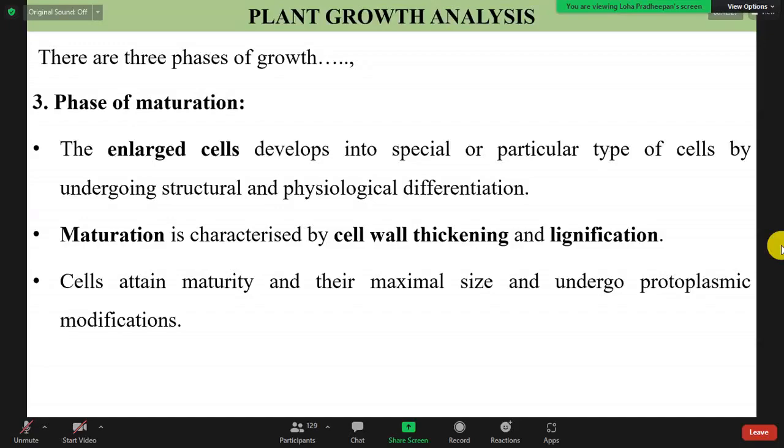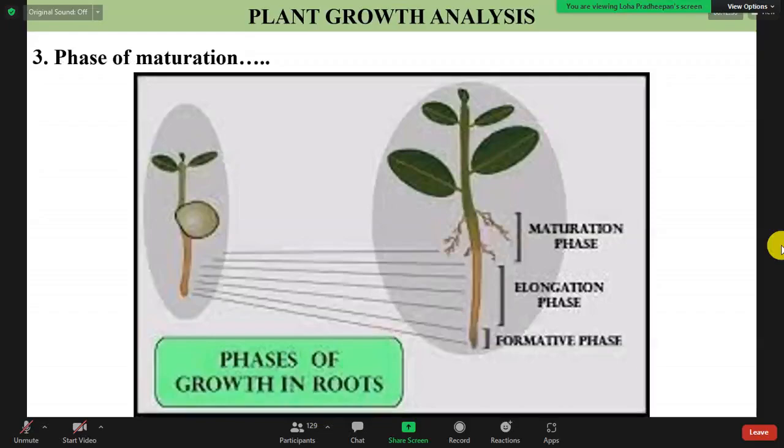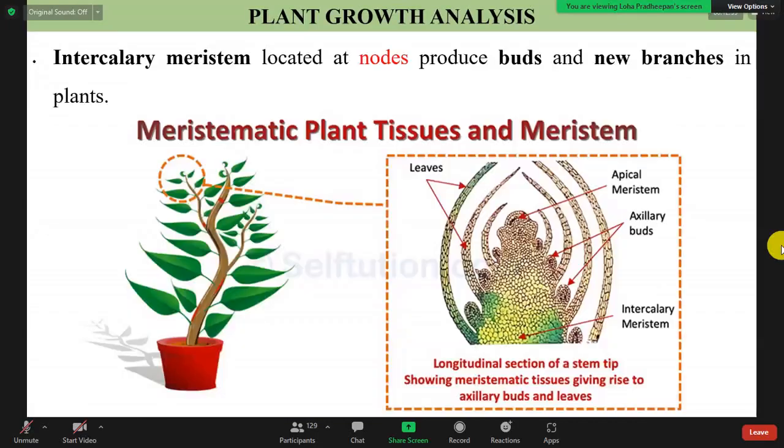Cells attain maturity and their maximal size and undergo protoplasmic modification. This is what we are able to see in plant growth. While growth is happening, these are the three stages in the plant. This indicates the maturation phase, and these also indicate three phases.